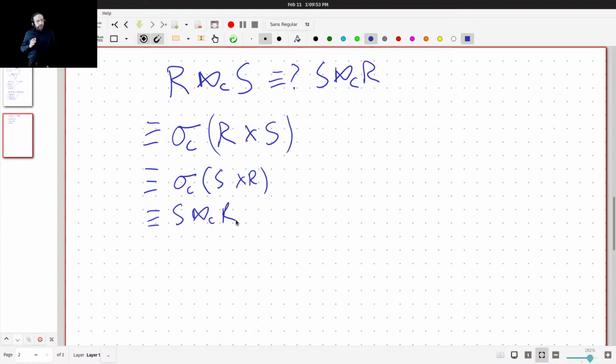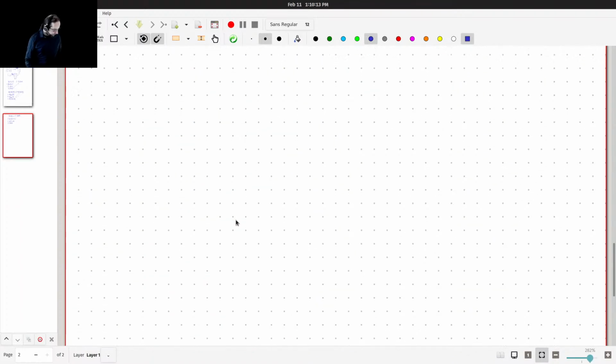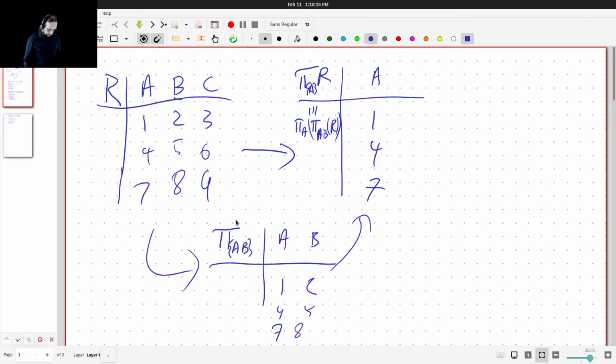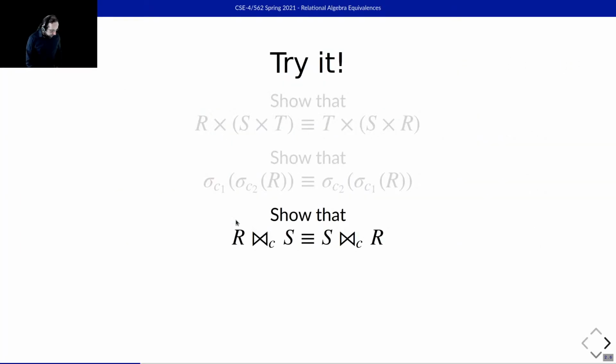But knowing that, and one of the other rules that we're going to talk about in just a few moments, you can prove to yourself that join is both an associative and a commutative operator. There we go. Okay, last one.